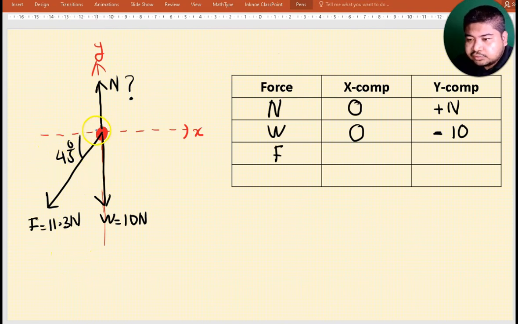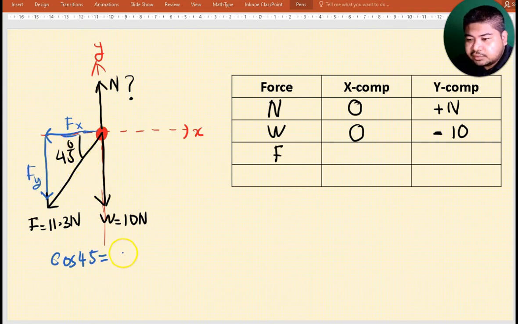So resolving the force is we want to find the horizontal vector and the vertical vector of the force. So if we are using cos 45, this one is fx and this one is fy.